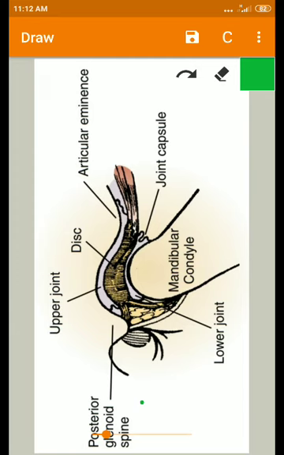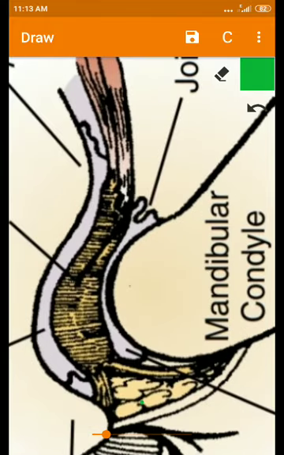By moving in and out of the joint cavity, the synovial fluid provides the nutrition to the joint cavity. Okay, so this is about the joints and their coverings present inside the temporomandibular joint.